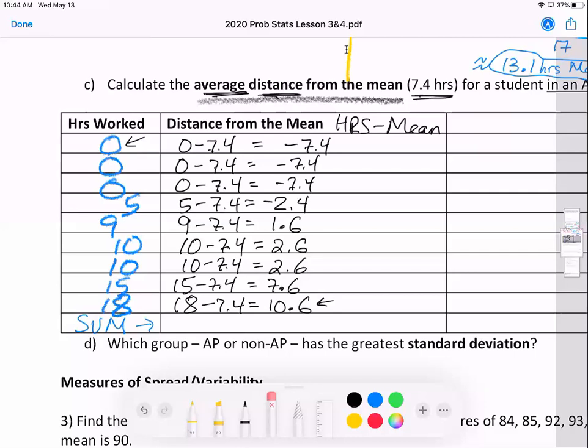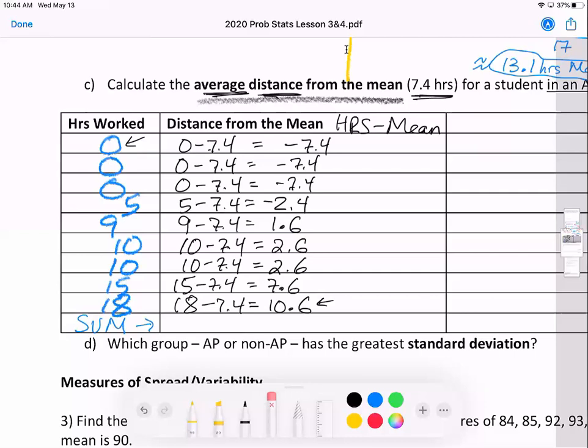39, if you look at the numbers themselves, they don't look like the average distance from the mean is going to be 39. Because we squared all of these. So if we think of the units, all these units are square hours all the way down. So this number is squared hours.